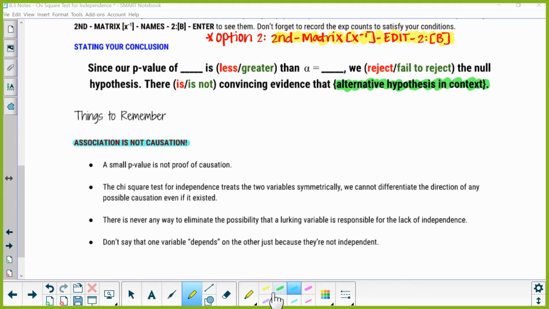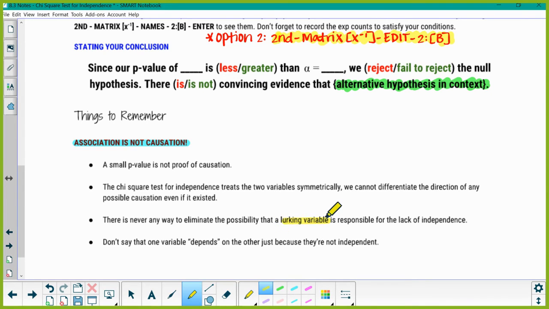Now, there are a couple of things that could be involved. We could have lurking variables that are causing our results to occur, and we have no real control over the data. We have no control over outside factors. And that's kind of why we can only say they are independent or they are not independent.